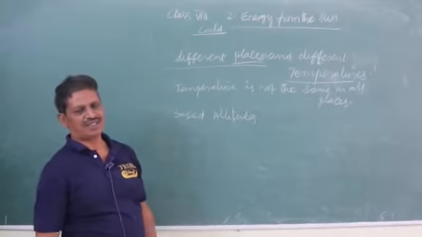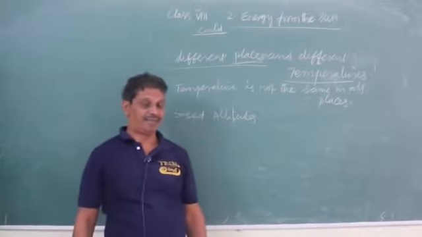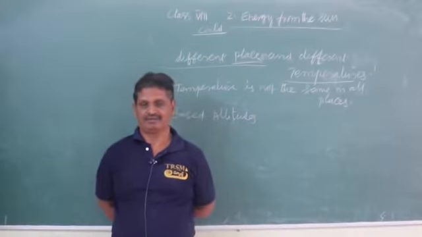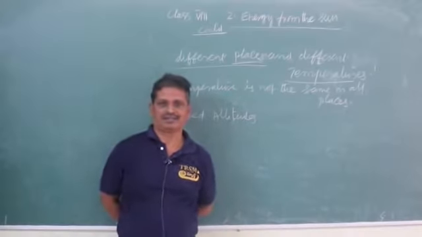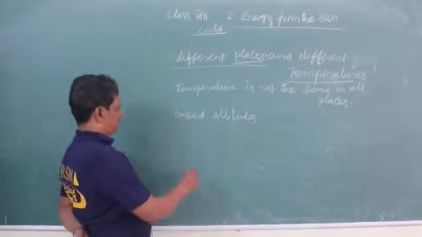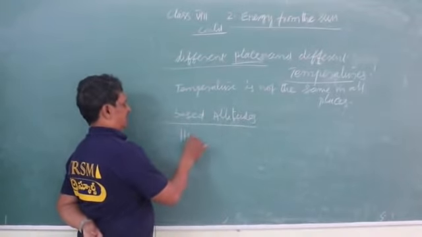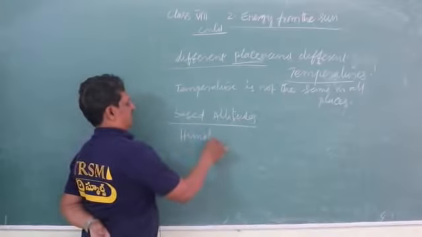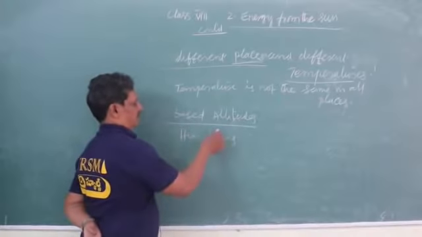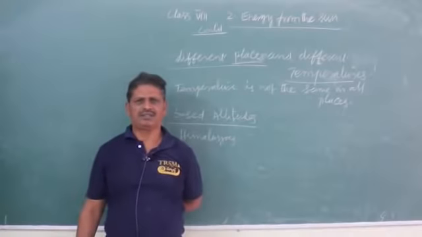So we have many relief features, and temperatures are varied and different. For example, the Himalayas are a higher altitude area.